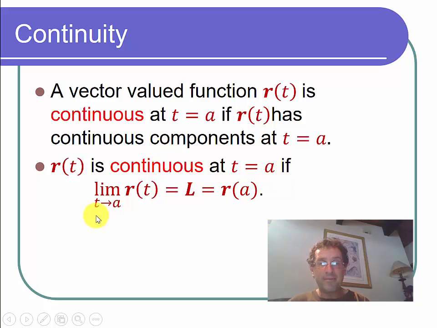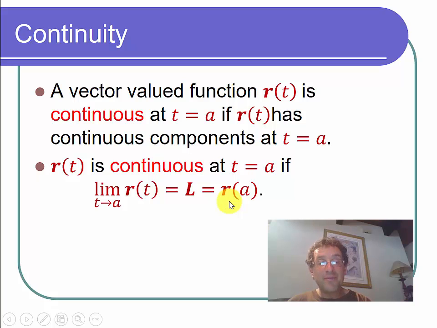r of t is continuous at t equals a if the limit as t goes to a of r of t, let's call that L, and let's say L is a number, a defined number, a value, is exactly the same as what you get when you just plug in a to the vector valued function r of t.